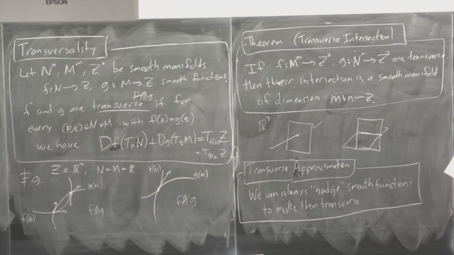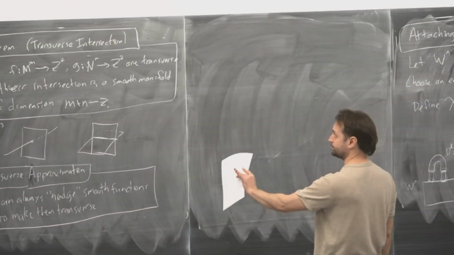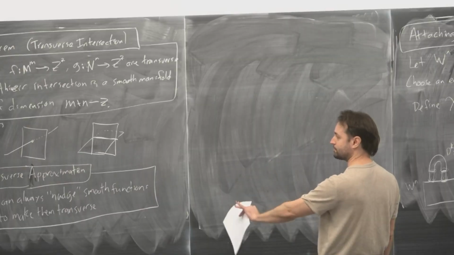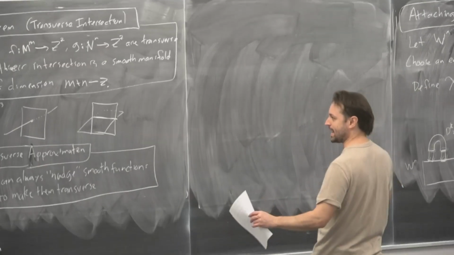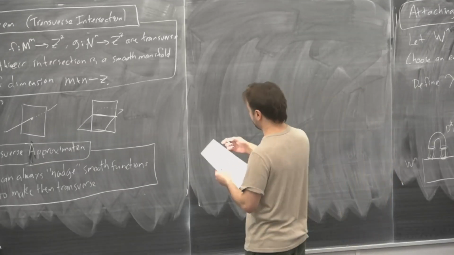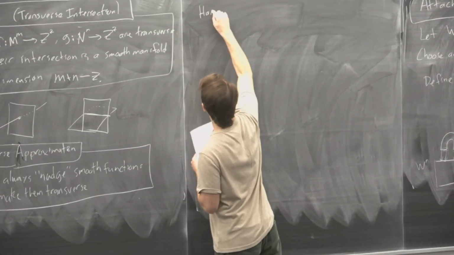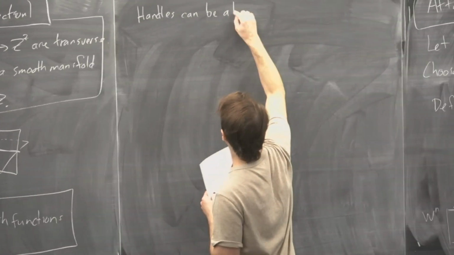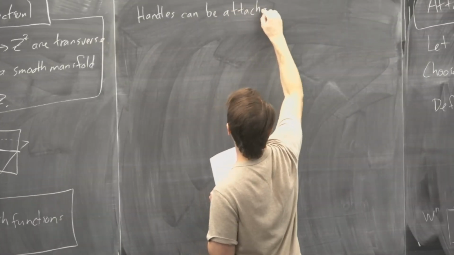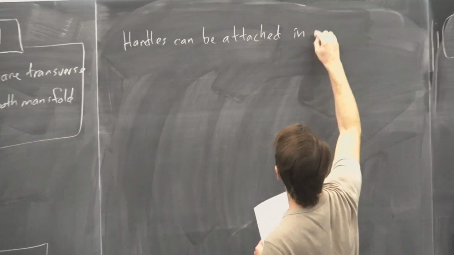Okay, so the transverse intersection theorem is going to tell us a lot about how we actually attach handles. So the principle is handles can be attached in order of dimension, or in order of degree increasing.